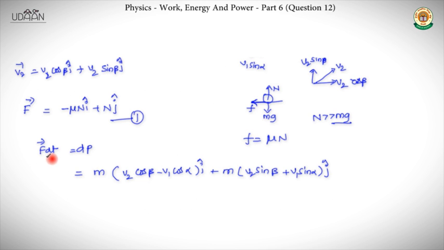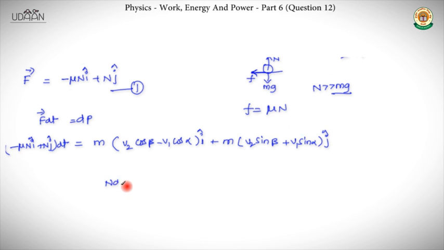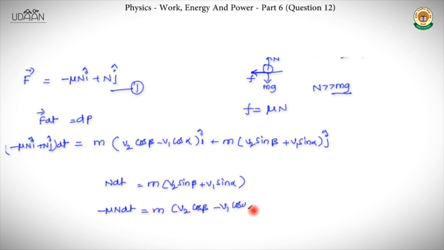So F bar dt, we got minus mu N i cap plus N j cap into dt. Just by equating the terms of i and j, we will be getting N dt is equal to m into (v2 sin beta plus v1 sin alpha), and minus mu N dt is equal to m into (v2 cos beta minus v1 cos alpha).